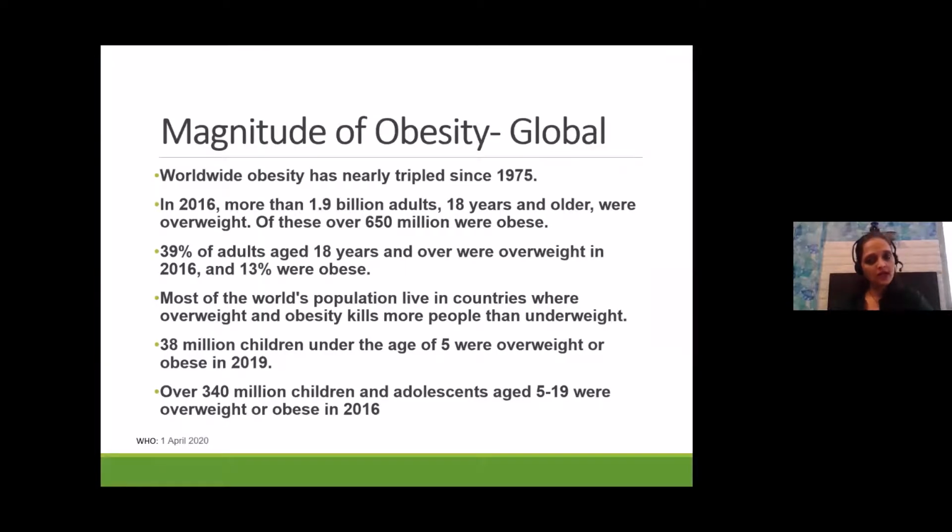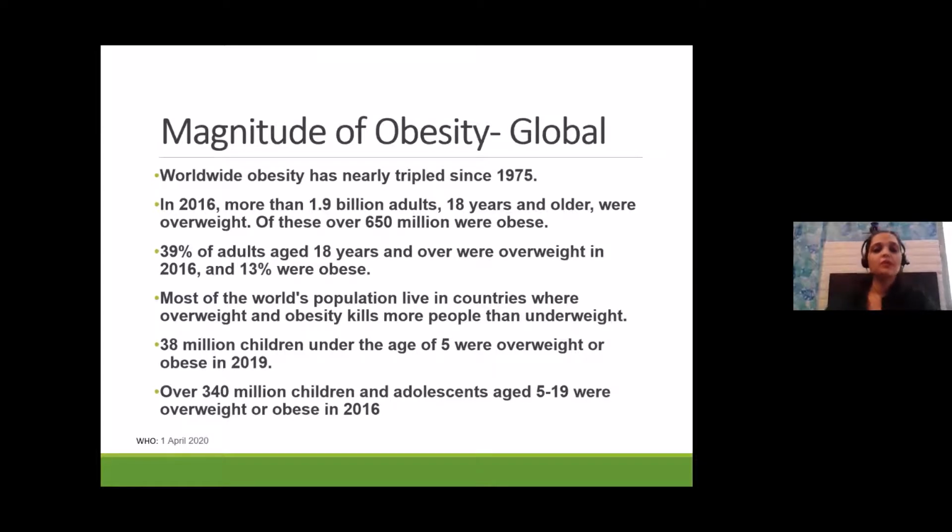If we look at the global aspect, worldwide obesity has tripled since 1975, and that's a huge number. In 2016, more than 1.9 billion adults 18 years and older were already overweight. Of these, over 650 million were obese. 39% of adults aged 18 years and older were overweight in 2016, and 13% were obese.